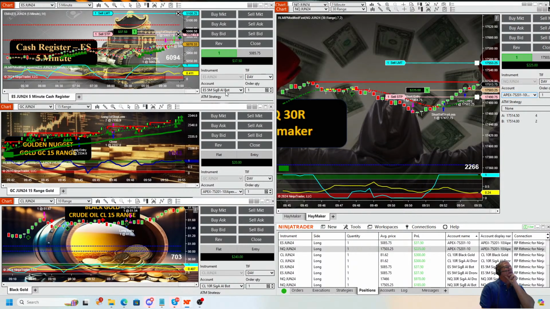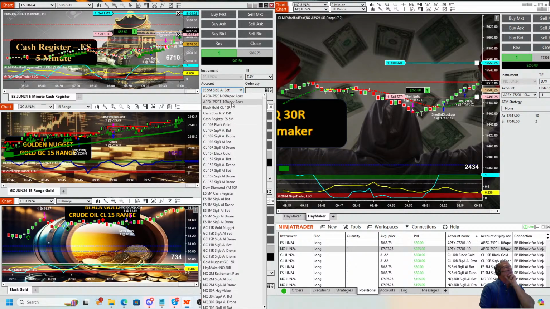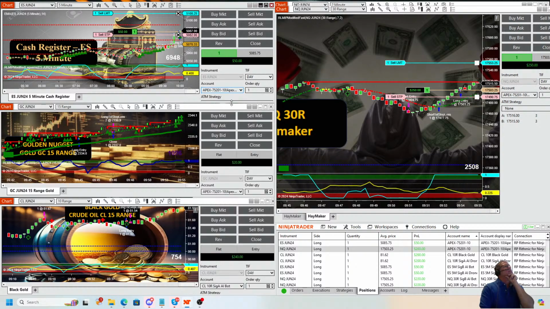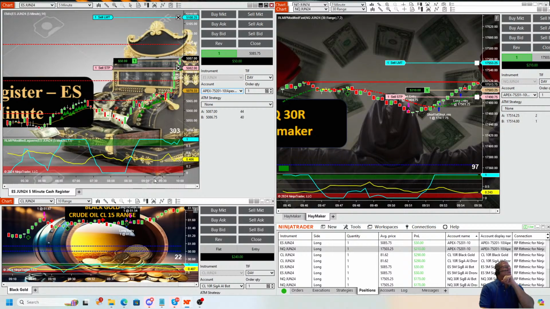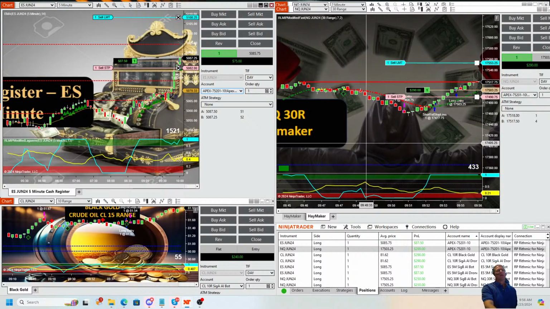Might have caught this ES trade as well. Yep. So we're long ES and we're long NASDAQ. So the system's put me in a really nice opportunity here, with a couple of long positions in a market that's headed up, right?